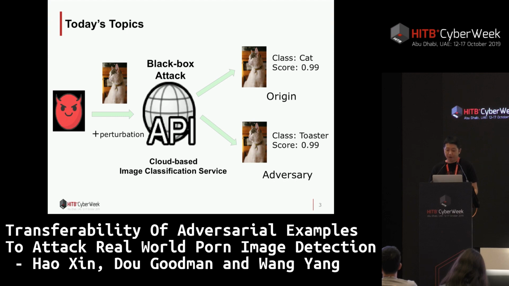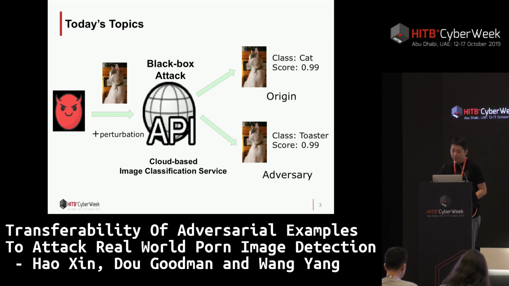Most major internet companies provide image classification services, and most of them can be accessed through a cloud API. For example, you can upload an image and ask Google, what is it? You can get a real answer from the cloud: a cat. At the same time, an attacker can make the cloud think that it is a dog.